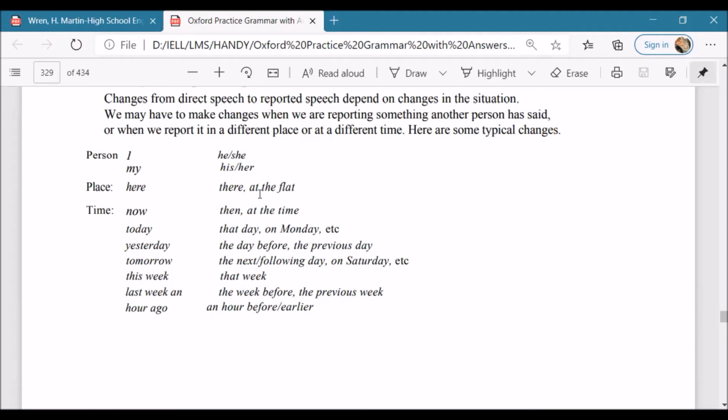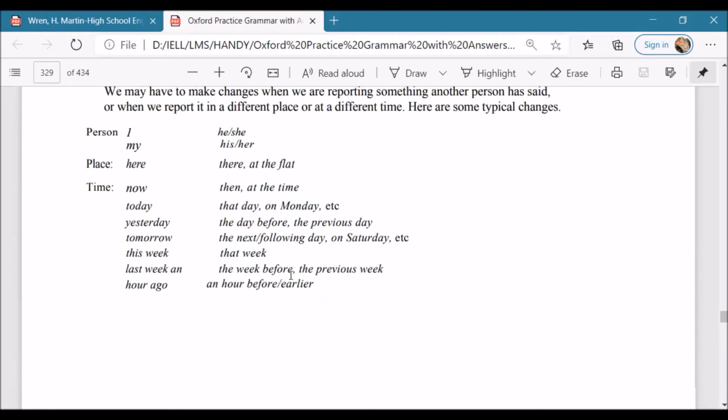And then time, again, these are some common examples you'll have to change. Now becomes then or at that time. Today is converted to that day, because if someone says today, I would say that it was said that day, or we can mention that particular day. Similarly, these changes could be made, but once again, it depends on the context, so you have to be very careful.